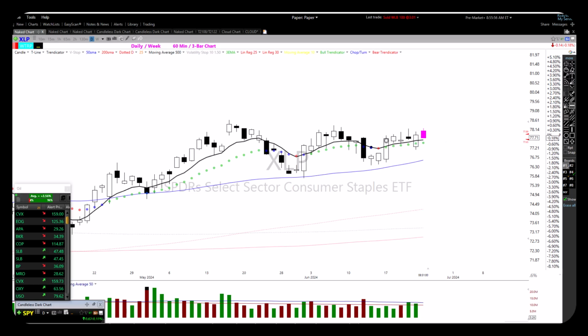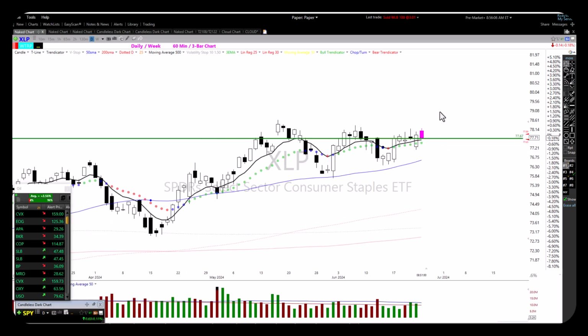I'm still going to stick with that morning star signal. And right there, see where we broke out? Over 77.70 there. That's what I would look at being bullish here. So I'm considering a buy in this area right up here, looking forward to a move up further into the 80 plus area.